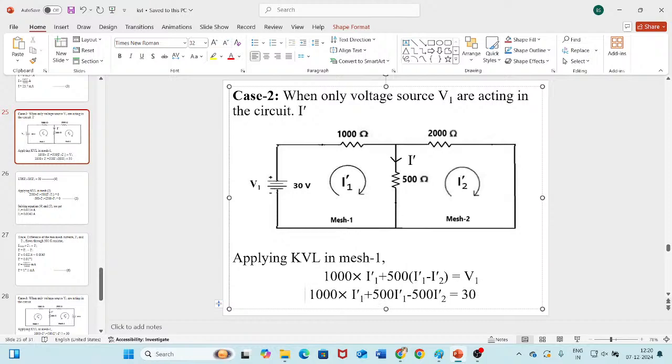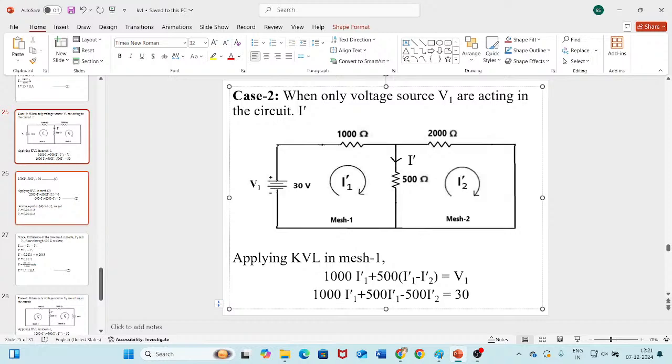I have written one more step so that for some of you who can't think much, it will be easier. Here I have written a multiplication symbol, which is not actually required. 1000 into I1 dash plus 500 into I1 dash minus I2 dash equal to V1, that is 30.